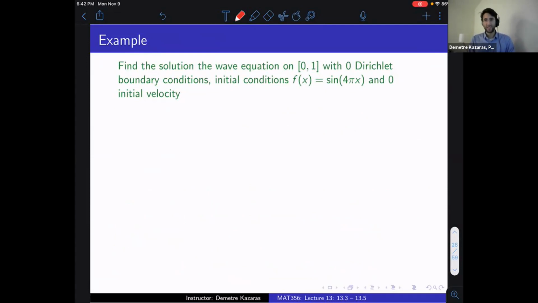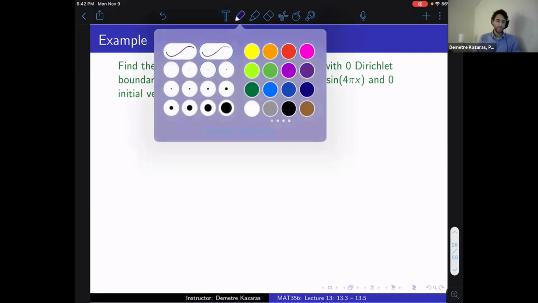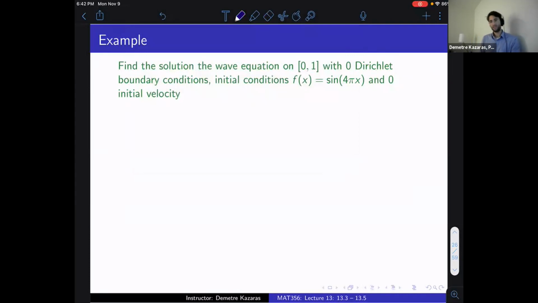Okay, here's a kind of silly example, and actually the one that we talked about earlier. Here's something I could ask you. Find the solution to the wave equation on the interval 0 to 1 with c equal to 1. I didn't mention that, but I meant it.